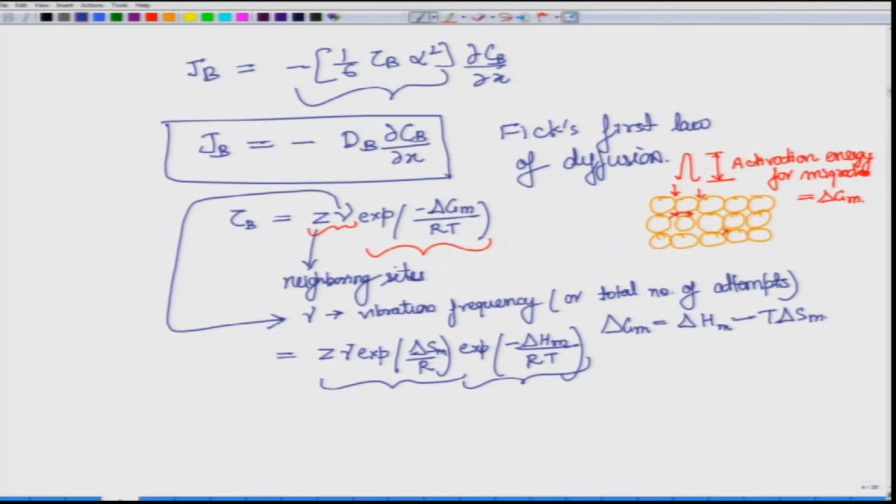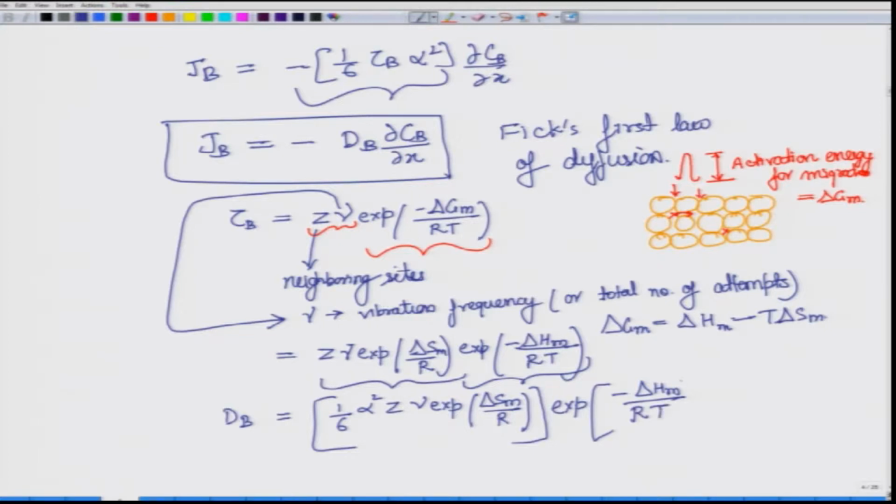Now, when we put this back over here, what we get is that dB is equal to 1 by 6 alpha square Z nu exp delta Sm by R. Like I said, this is the athermal component, and to it you multiply the thermal component, the one which denotes how this value will change with temperature. No matter what the temperature is, this value is supposed to stay like this.